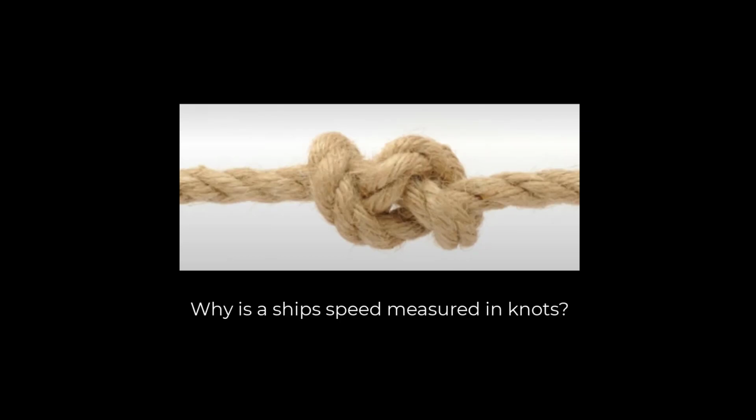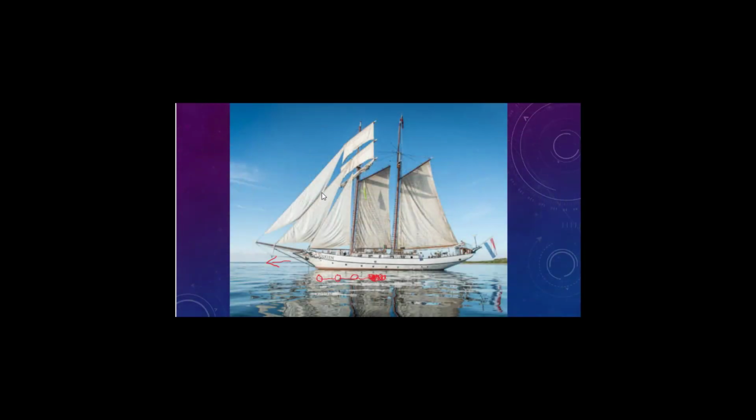Well, let's look at that. A little history on why they call these knots is because they would have a coil of rope in the front of the boat attached to a piece of wood, which represented right here, and then tied every so often a knot, and then another knot, and then another knot.